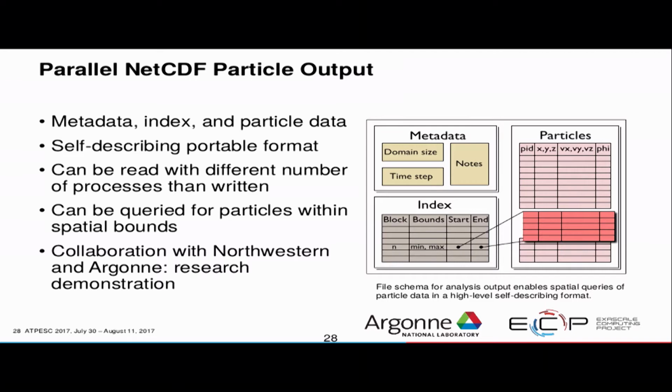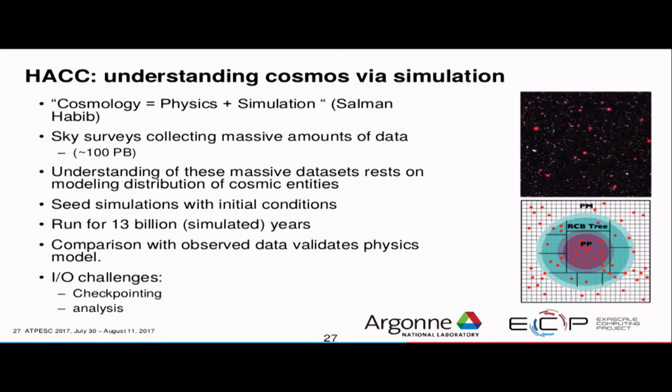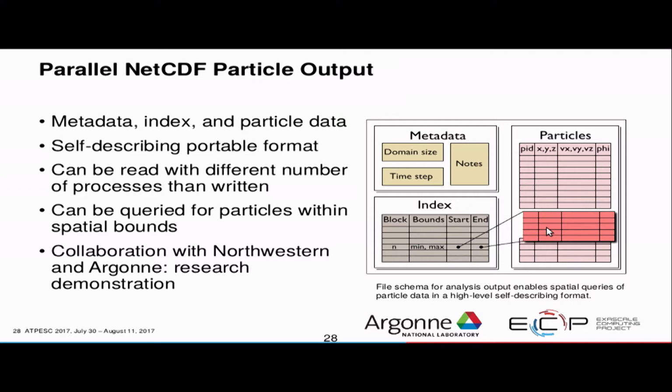Parallel-NetCDF provides the metadata: here's your experiment size and when you ran it and some information about it. As we saw, there are all these particles, and they all have different mathy, physical things that they're interacting with each other. But the data structure holding the particles doesn't move around.